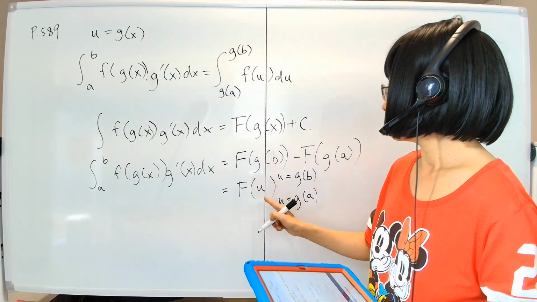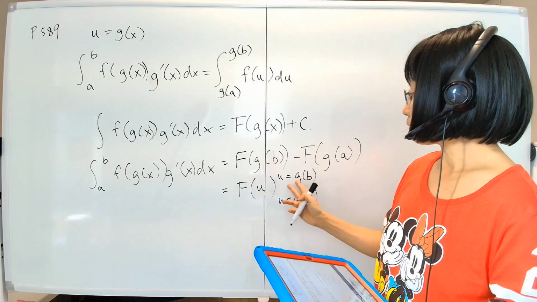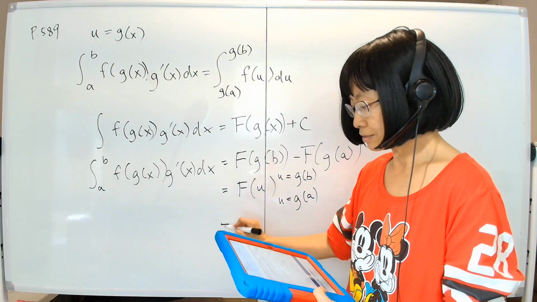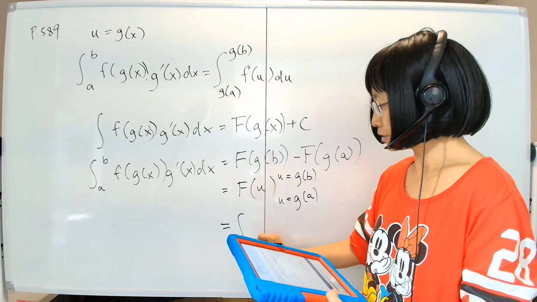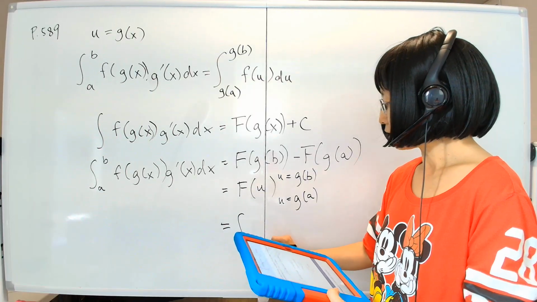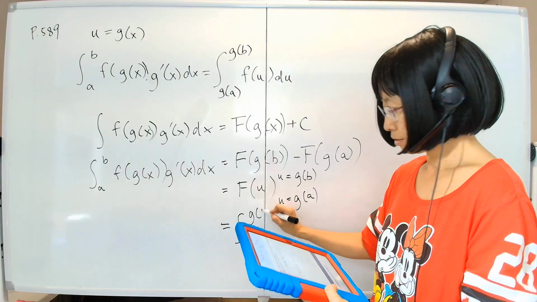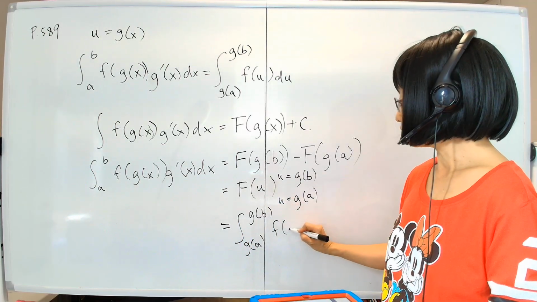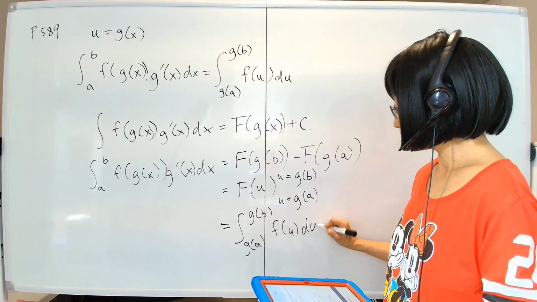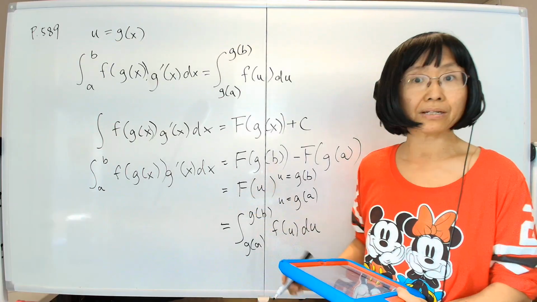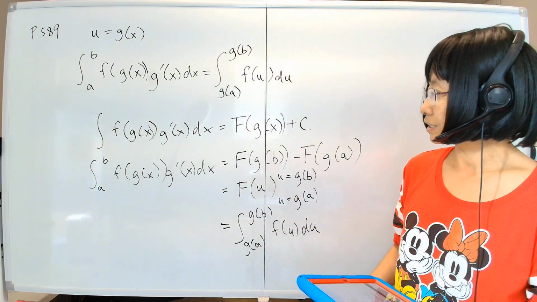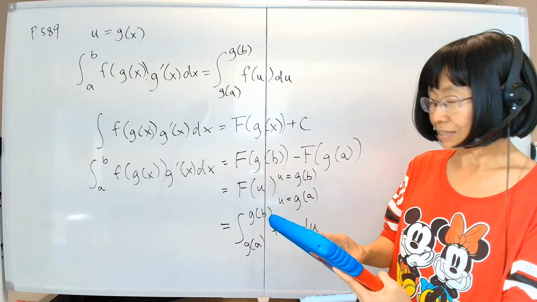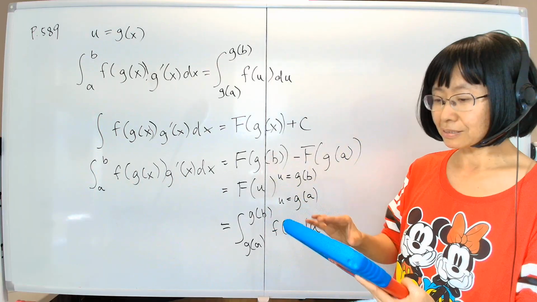You just plug the u in because u is g of x. So that's the same as integrating from g of a to g of b of small f of u du. That's just a quick exchanging of variables, so that proves the point.